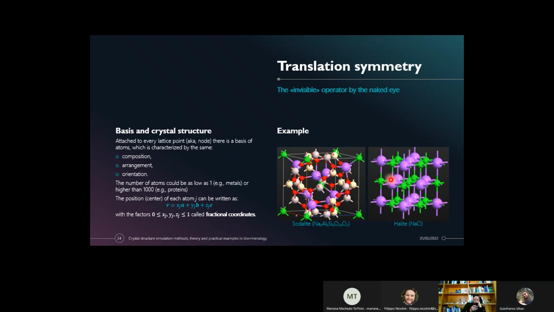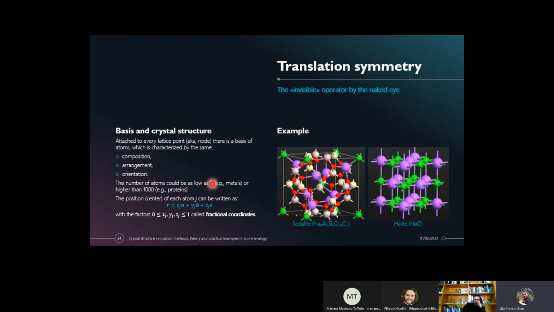The position of each atom is described by this relation here: position R is given by the combination of the three vectors with x, y, and z being the so-called fractional coordinates.